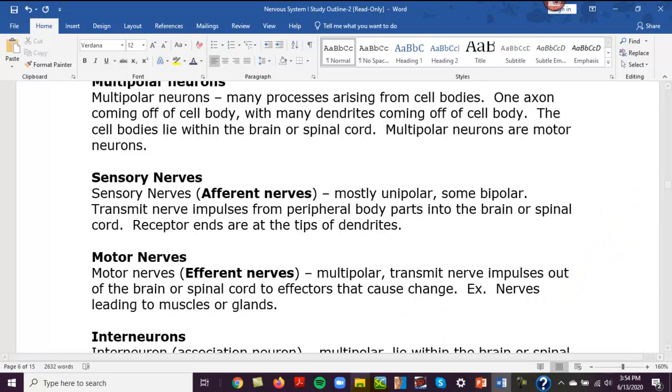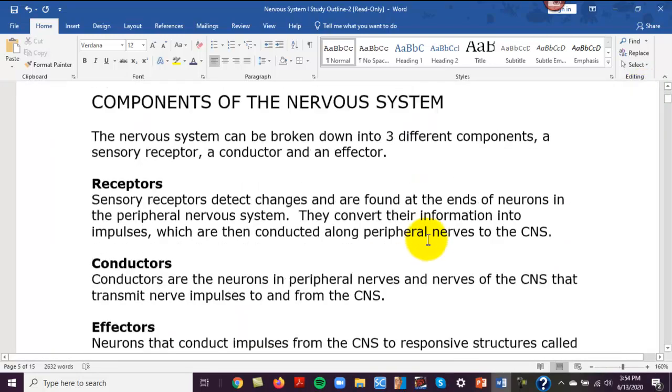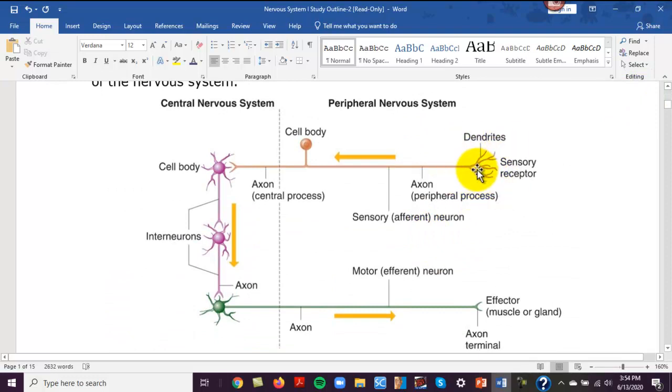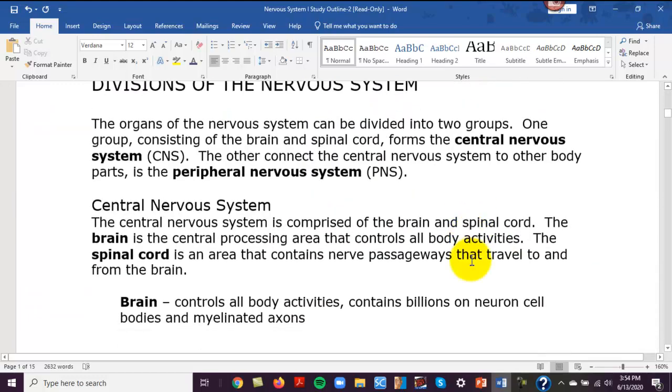that cause change. So last time I'm going to show you this diagram. Remember, we started here and you're carrying information into the brain or spinal cord. So this would be a sensory neuron or sensory nerve. Here are the interneurons, and then the ones leaving would be the motor neurons or motor nerves.